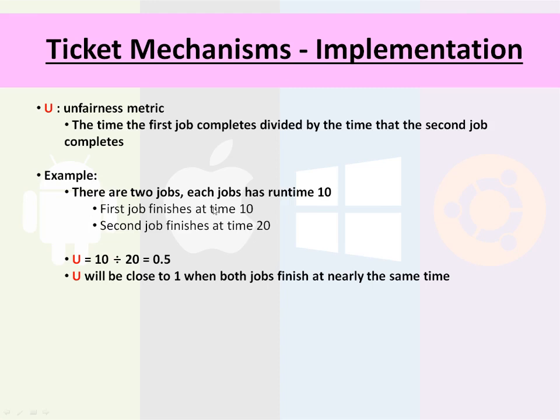Each job has a runtime of 10. The first job finishes at 10 and the second job finishes at 20. So our unfairness metric says 10 divided by 20 is equal to 0.5. Now the closer U is to 1 means that both jobs finish at nearly the same time.